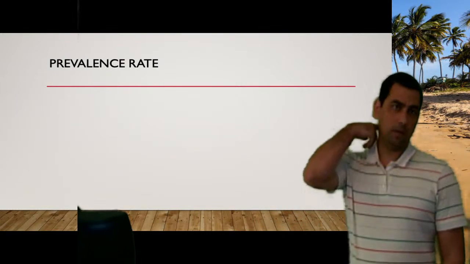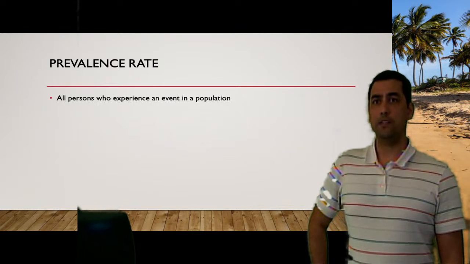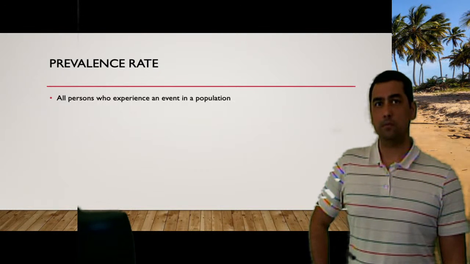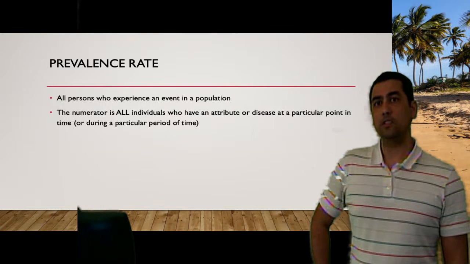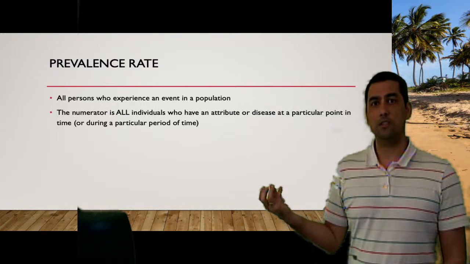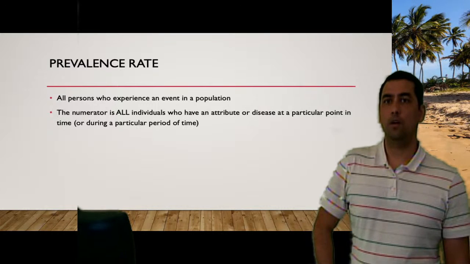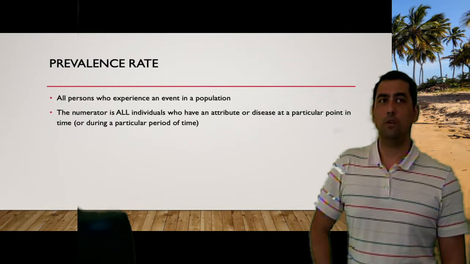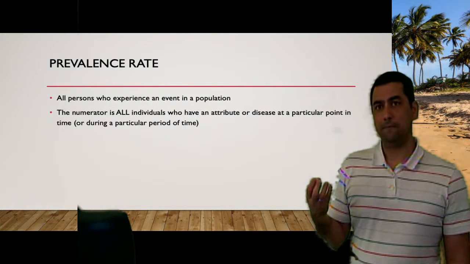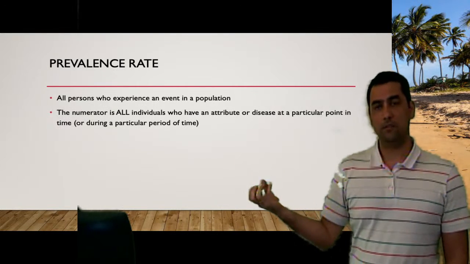Okay, the prevalence rate. All persons who experience an event in a population. The numerator is all individuals who have an attribute or disease at a particular point in time or during a particular period of time. Okay? The numerator is not just the beginning of the disease.